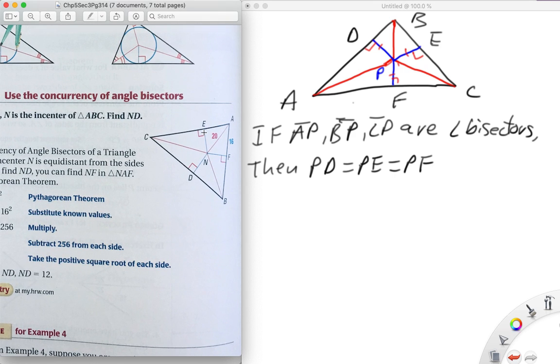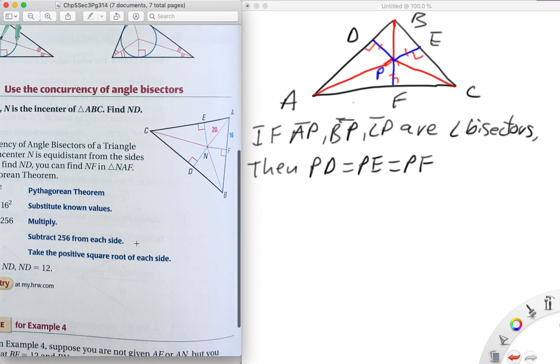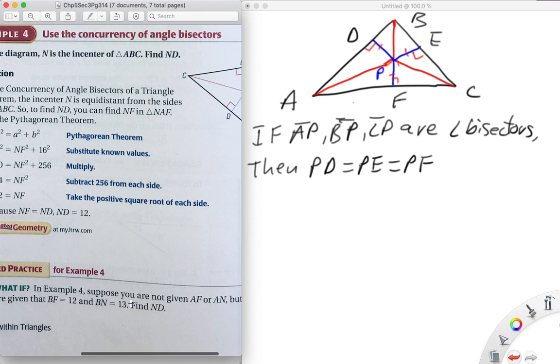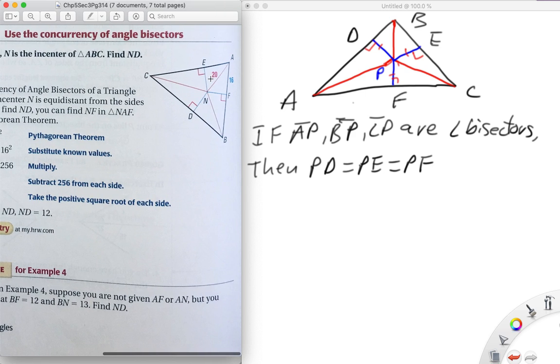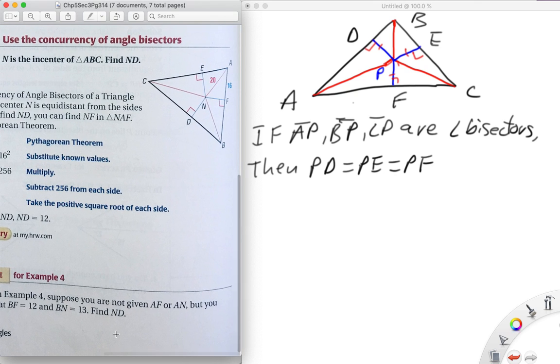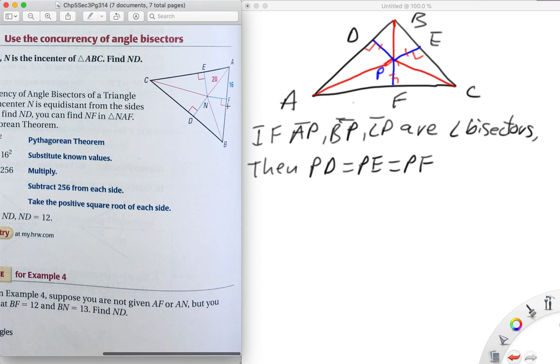Since we know that this is perpendicular, we have right triangles galore, so we can use the Pythagorean theorem to solve for various things. So here it says example 4, suppose you are not given AF or AN, but you're given BF and BN. So here's my BF, here's my BN.